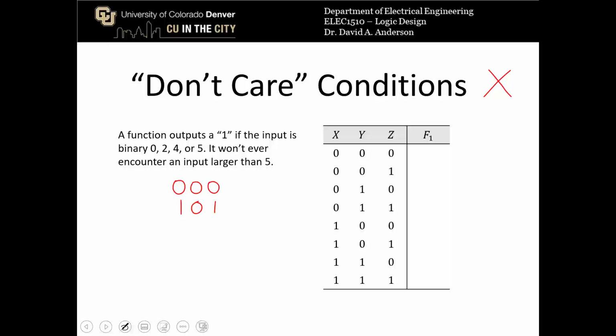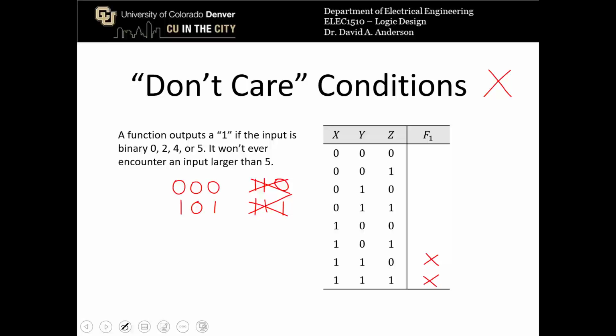But we don't ever expect to encounter an input larger than 5. So the inputs 6 and 7 are represented by 3 bits, but we'll never expect to see them. So in the truth table, those would be don't cares. They can be either 0s or 1s to optimize the function, but we don't care what they actually are because we'll never expect to actually see them.